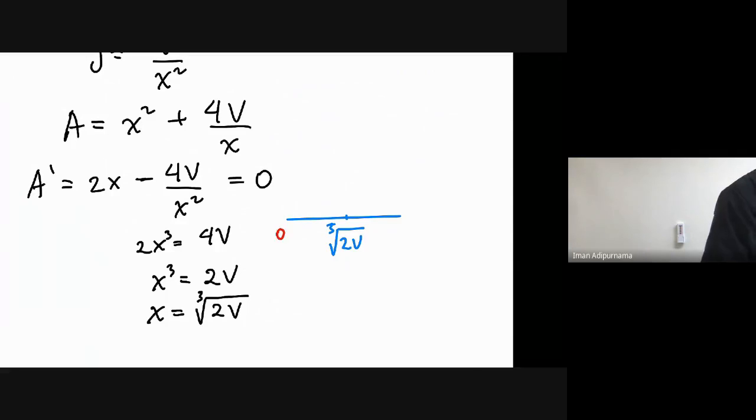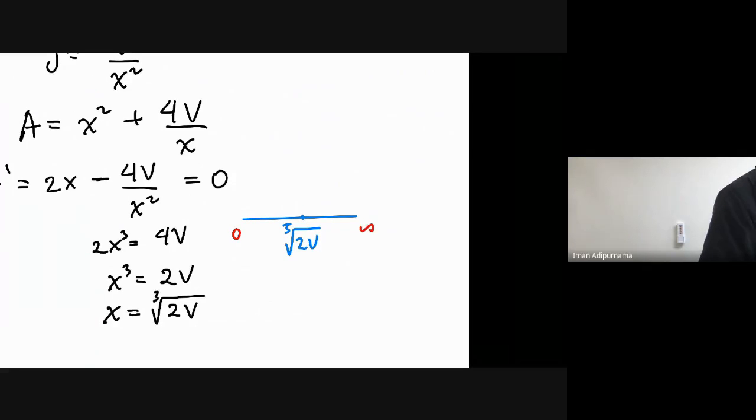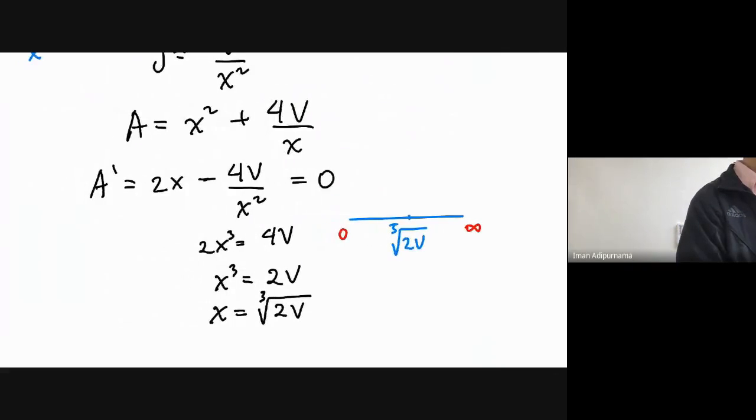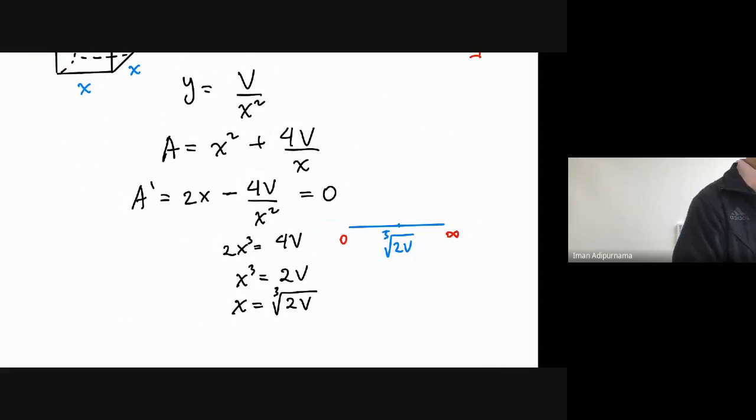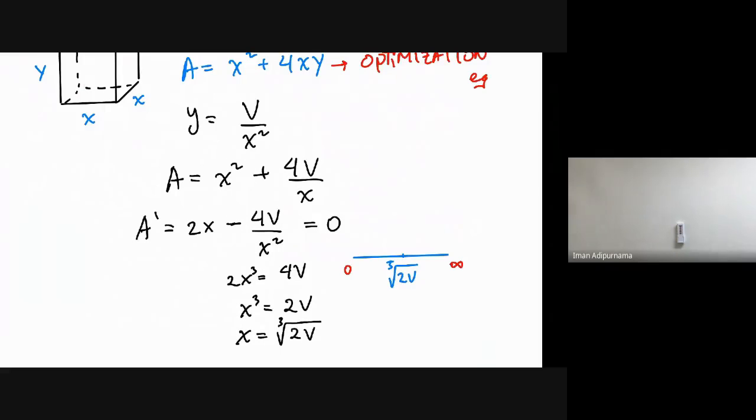Let's say you start from 0 to infinity. You can use the A prime, checking this one and checking the region in between here. But because we don't have a really good number, I think we can check the limit with this one.